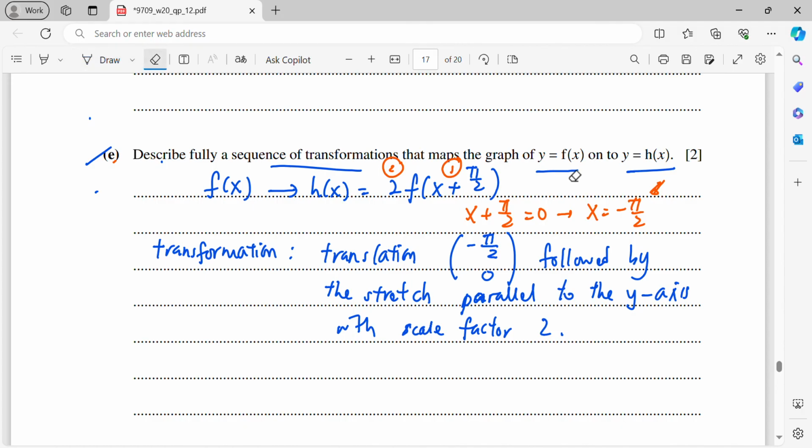Okay, so that's all for the transformation of f(x) onto h(x).